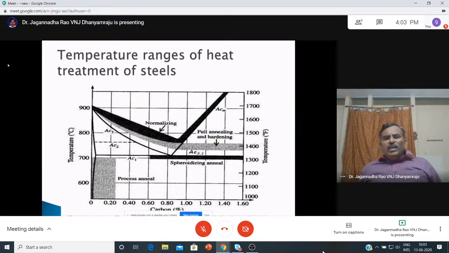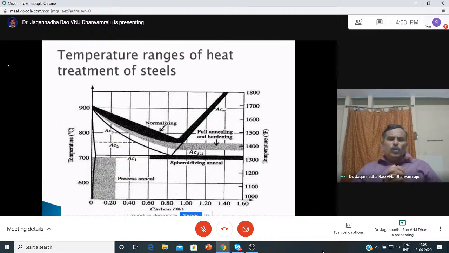And the ACM line is the cementite line. And of course there is an AC31 line, so that is the lower critical temperature of this steel portion. So there are 1, 2, 3, 4 regions, and of course the fifth region is the small alpha.